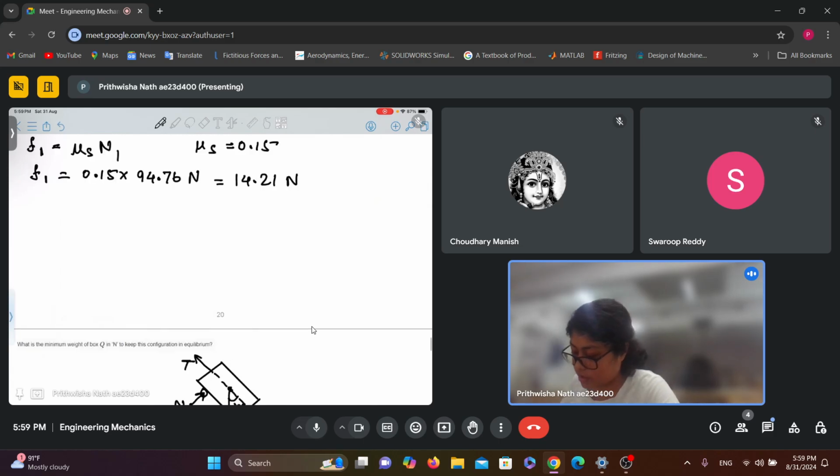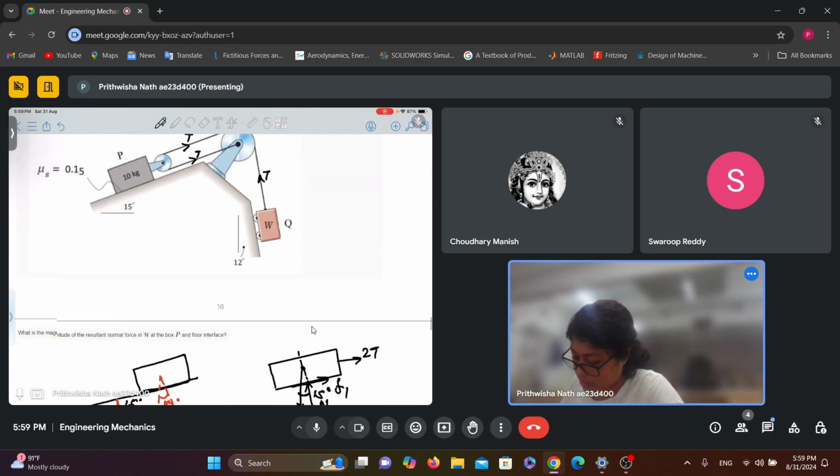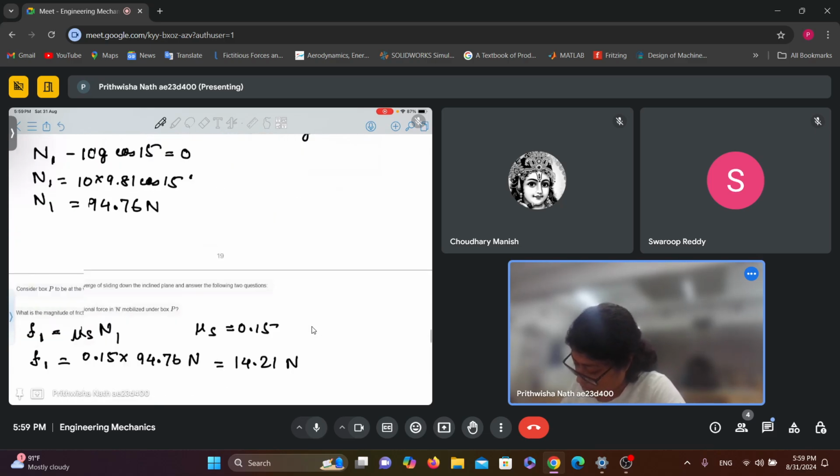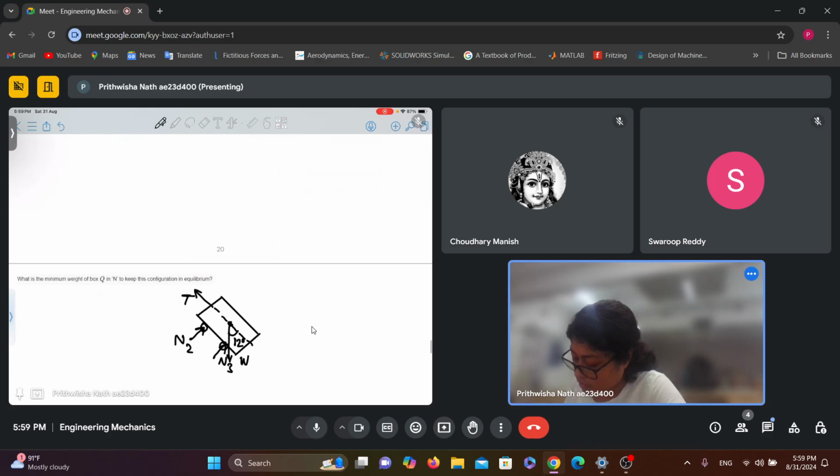You can see from this figure. Now T will be W cos 12.